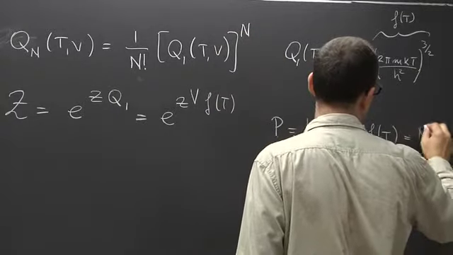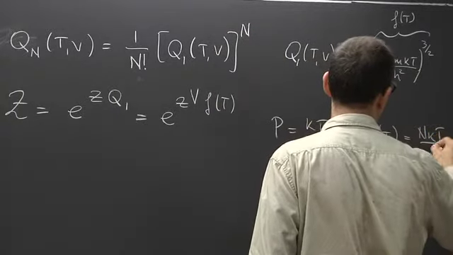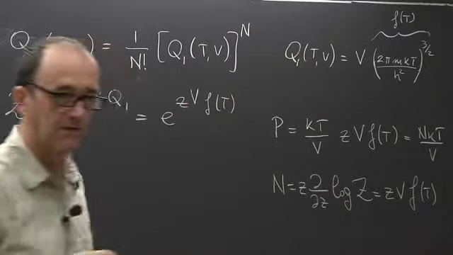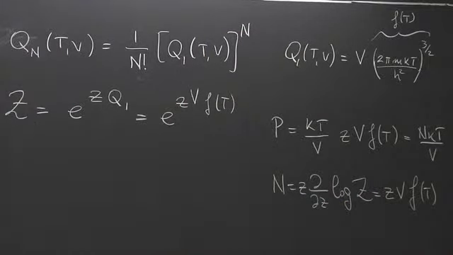So we have P equals n kT divided by V. This is our old friend, the classical ideal gas.